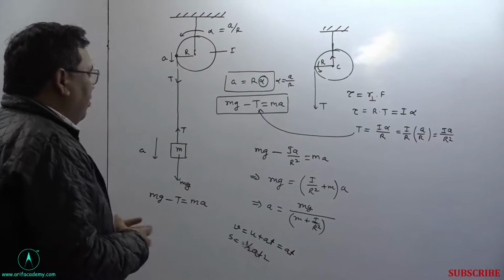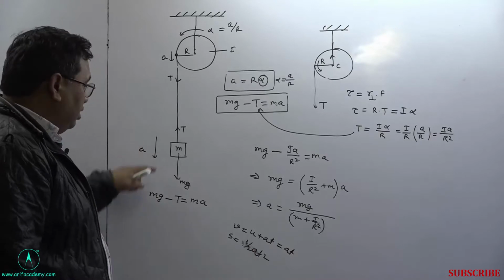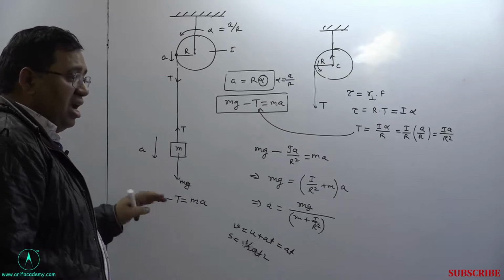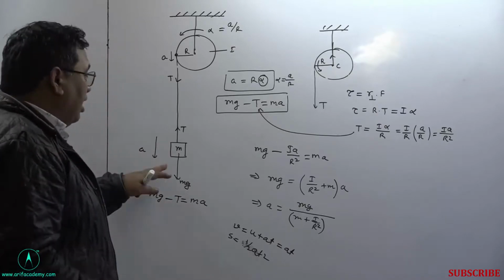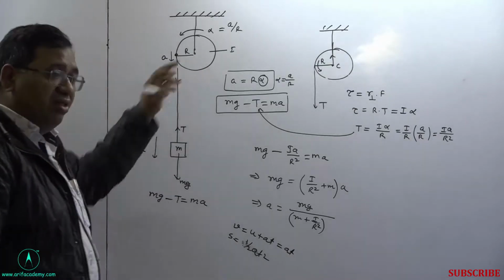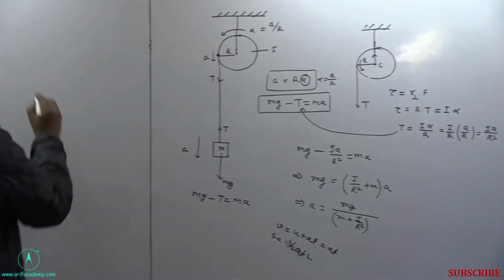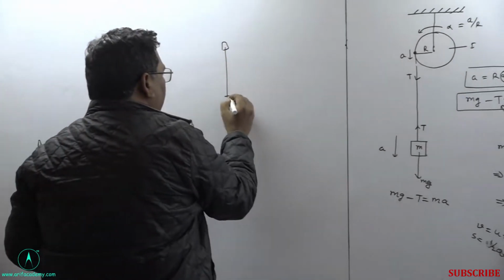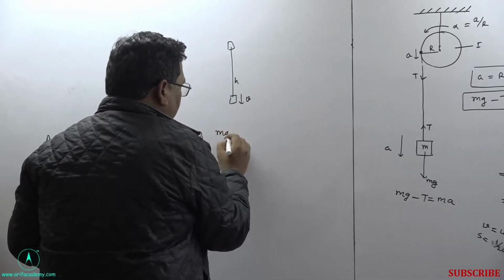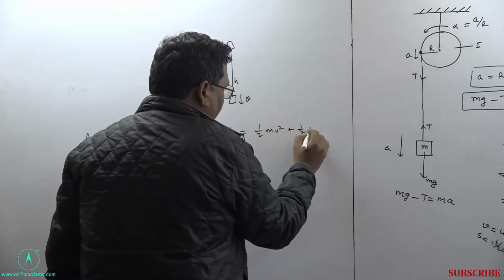Another thing that you have to keep in mind here is that energy conservation will also be valid. As the block comes down, its gravitational potential energy decreases and it is converted into kinetic energy in the block and rotational kinetic energy in the wheel. Suppose this block comes down h height and it acquires speed v. So, loss mgh equals half m v square plus half I omega square.